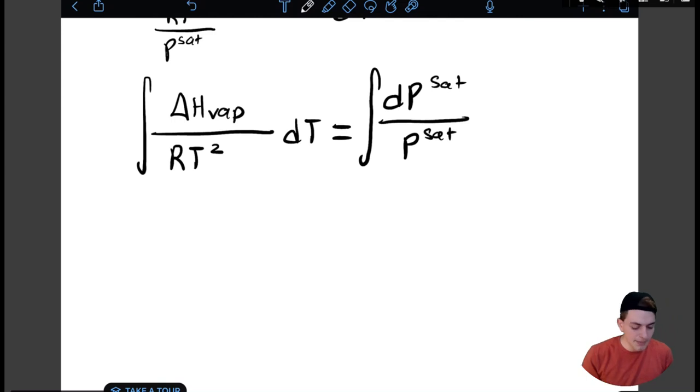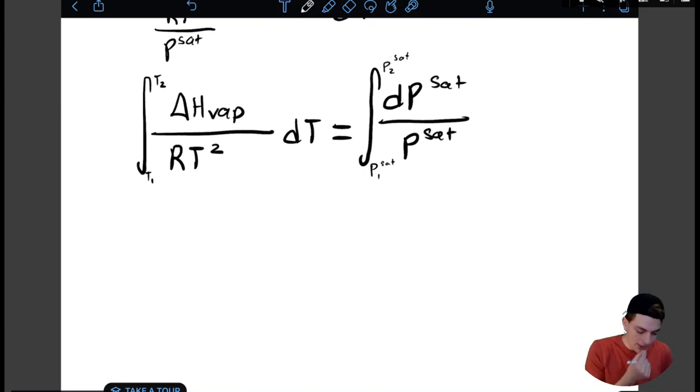So now we're integrating from temperature 1 to temperature 2, and from pressure 1 to pressure 2. It's good to note that pressure 1 and pressure 2 are both saturation vapor pressures as well, so I'll denote them as that. And with this integration, this will be the final step in this derivation.